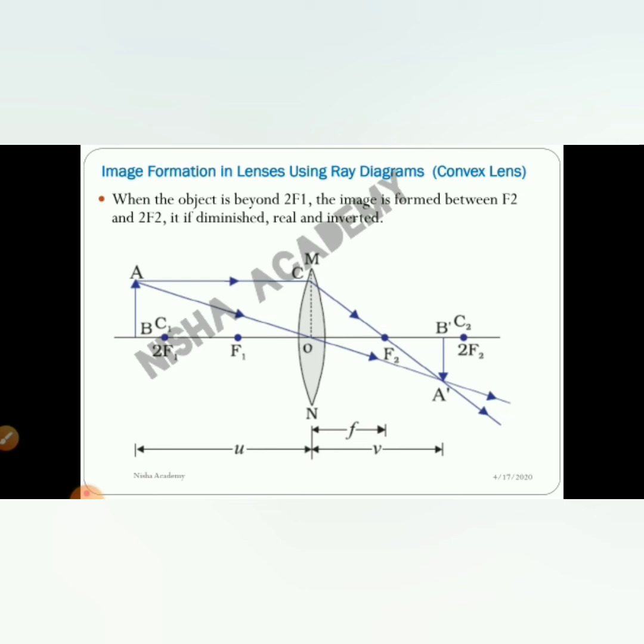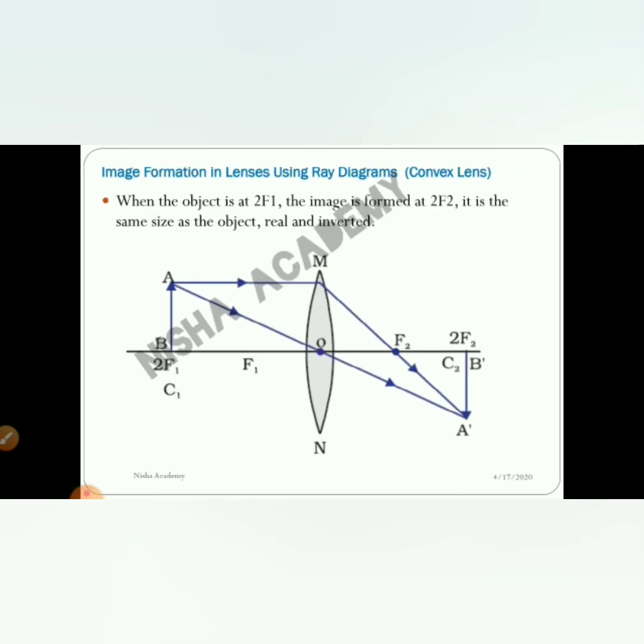Now let us check the third case, where we are putting the object exactly at the center of curvature, that is C1. Object AB is placed at C1. Now again, as in the previous case, take two different rays, one parallel to the principal axis and another passing through the optical center.